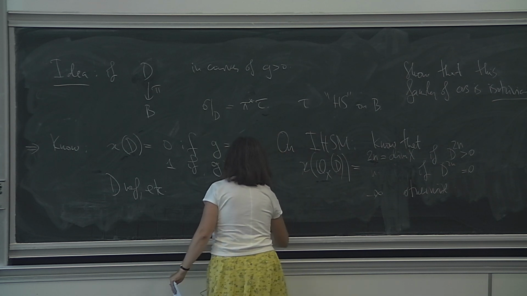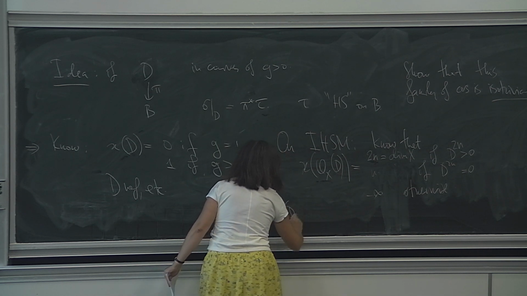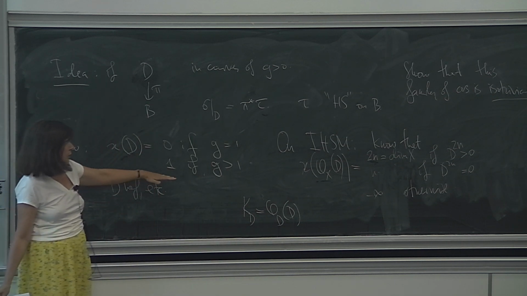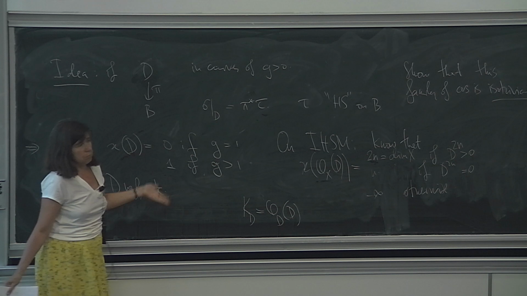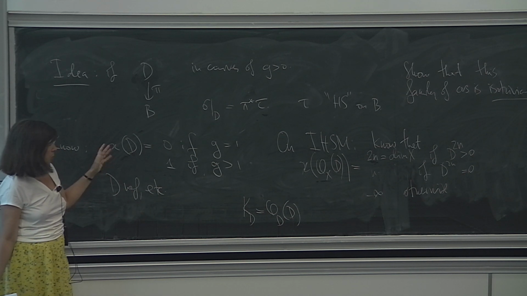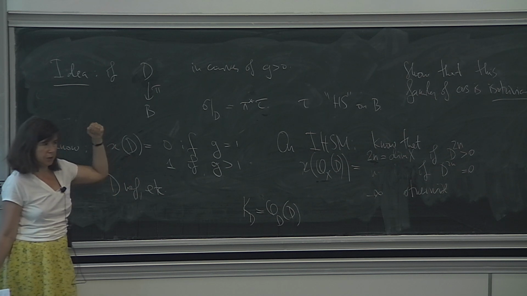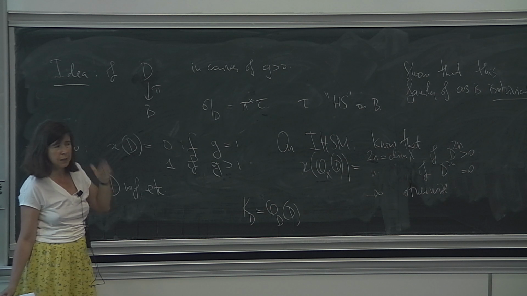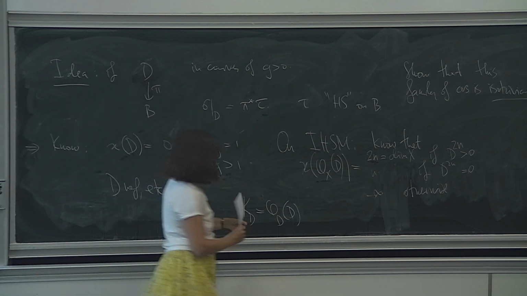The canonical class of D is O_X(D) restricted to D. You see that this is possible only if X is a fourfold. Kodaira dimension of D is 1, and it's fibered in curves of genus strictly greater than 1, and you rule this case out.